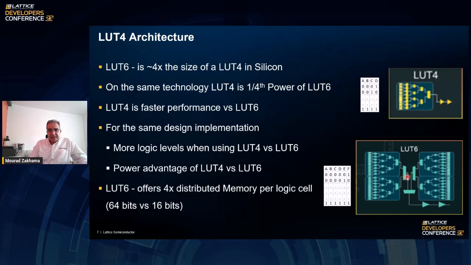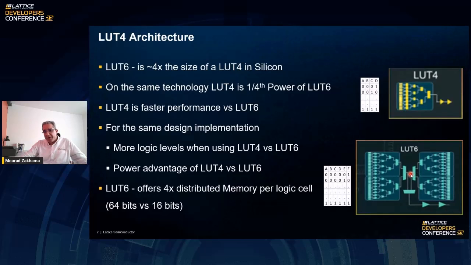So LUT6 is actually much bigger in size. When we say bigger footprint in silicon, that comes with a cost in terms of power. It's up to 4 times the size in silicon, but the implementation of designs using a LUT6 may use a lower number of logic levels.